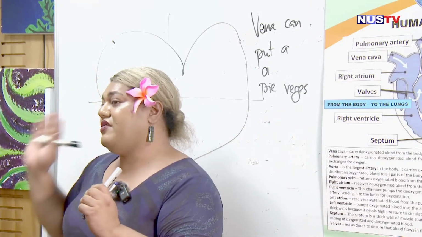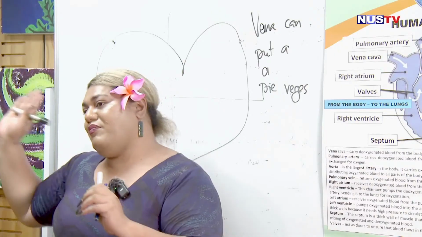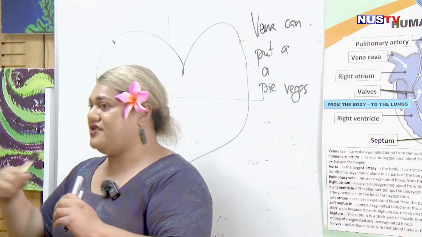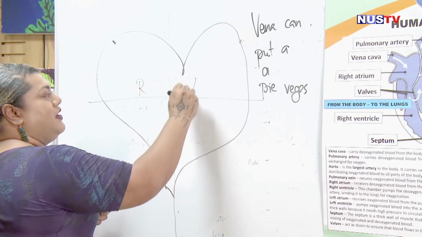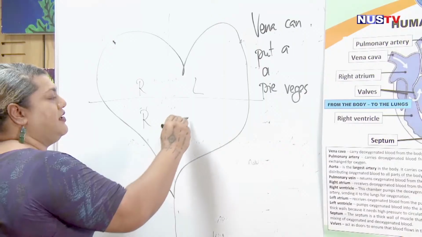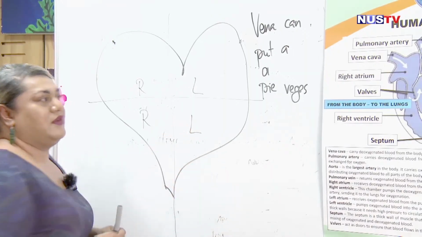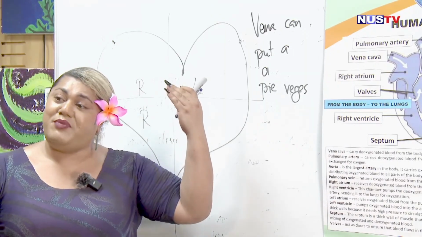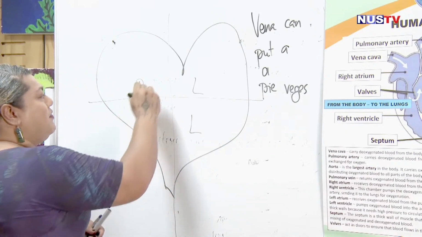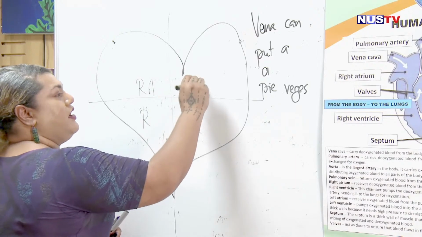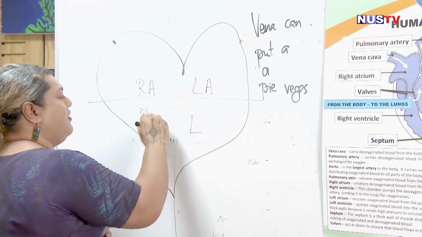Face the front, and the part on your right hand is your right. So right, left, right, left. The atrium is on top and the ventricle is below. Right atrium, ventricle.